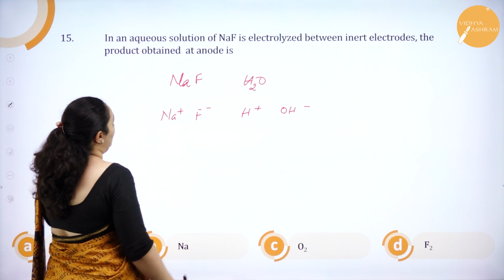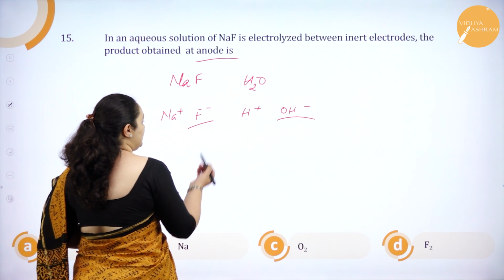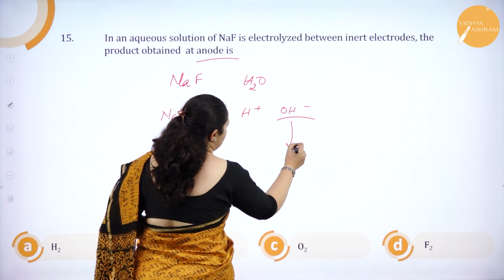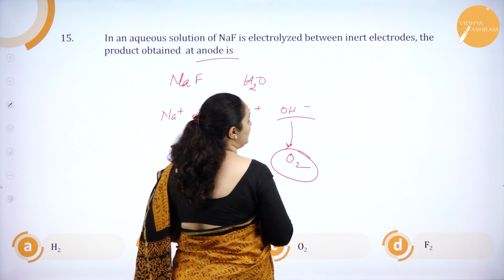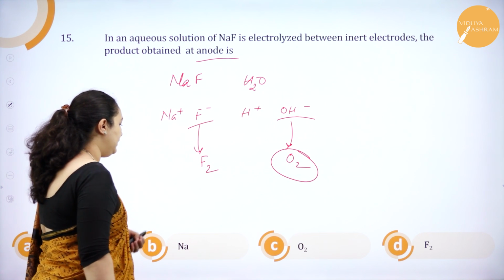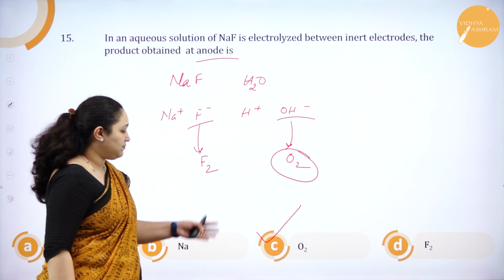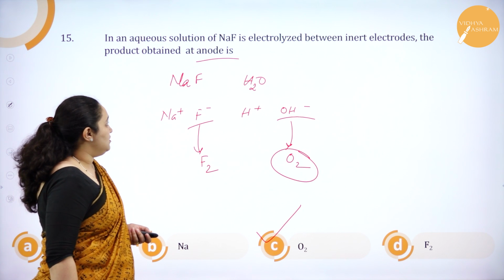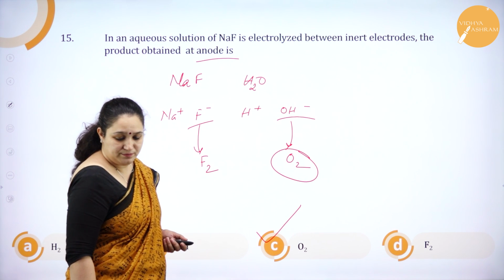So towards anode, anion comes towards anode, which can be liberated as fluorine gas, this can be liberated as oxygen gas, but this has the lower discharge potential compared to fluorine. You can check your electrochemical series, oxygen is the one which is getting liberated. Okay, so option C is the correct answer.